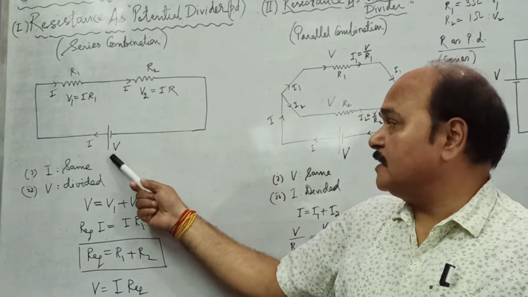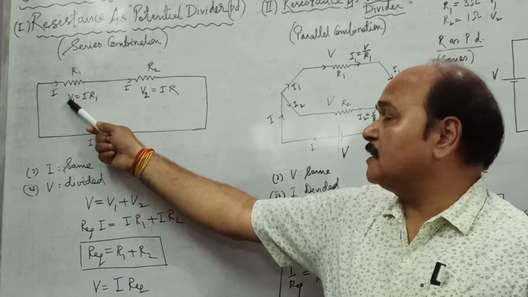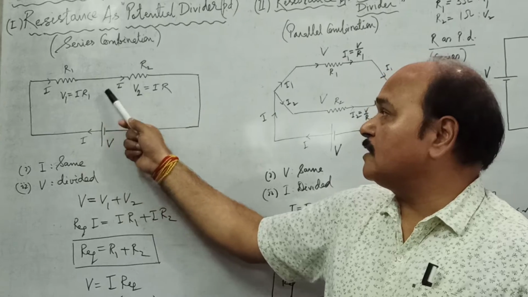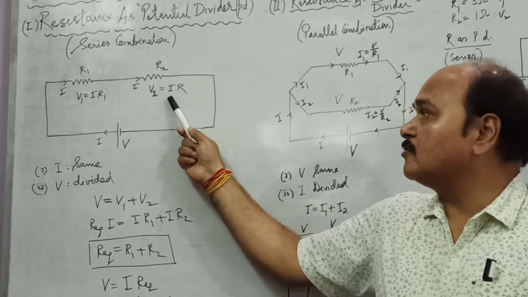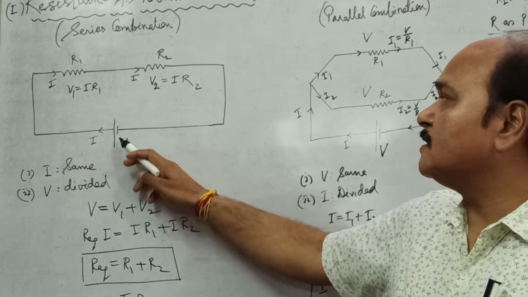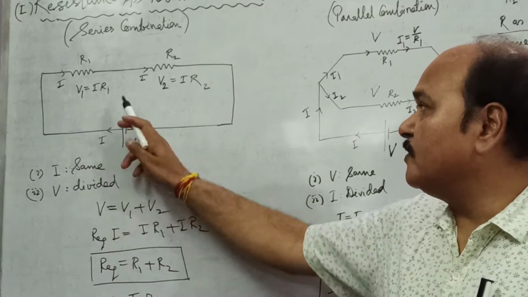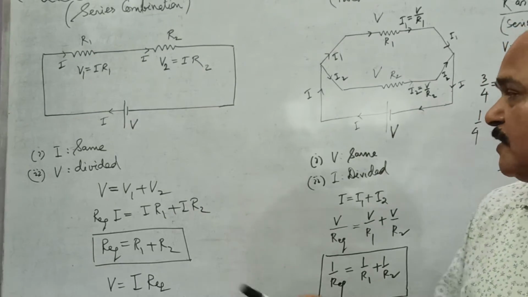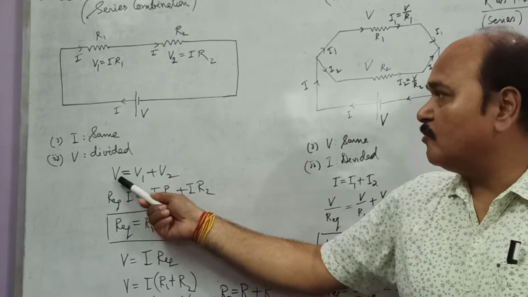Voltage V, current here is I, current here is also I, but voltage here is going to be what? I into R1, voltage here is going to be I into R2. So this voltage V is divided as V1 and V2. Well, V is divided as V1 plus V2. So what is this overall V?